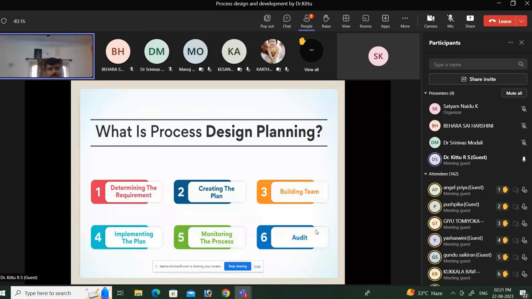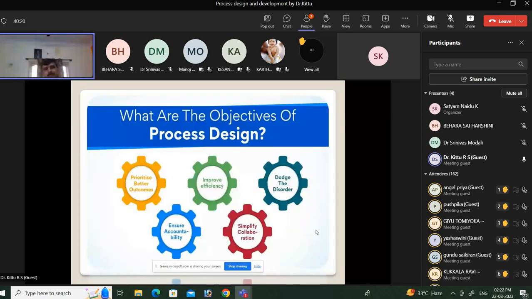I'll explain these things. So these are the objectives of the process design. The second one is to improve the efficiency. I've already talked about this. Efficiency is not only for the human resources, it is for the overall organization. For example, when we have proper technology, we are able to improve our efficiency, that means in performance or outcome.